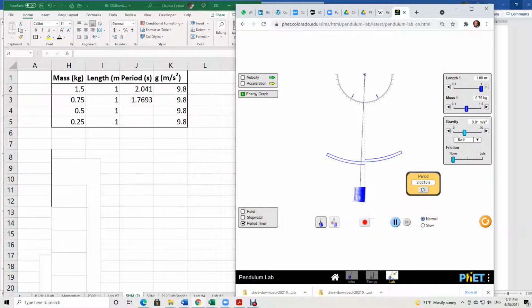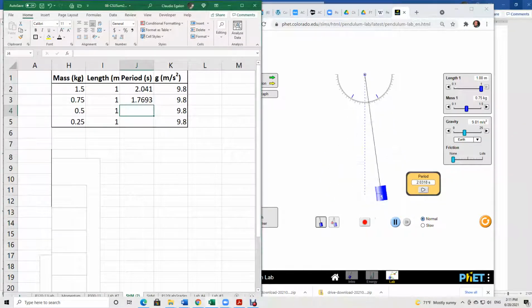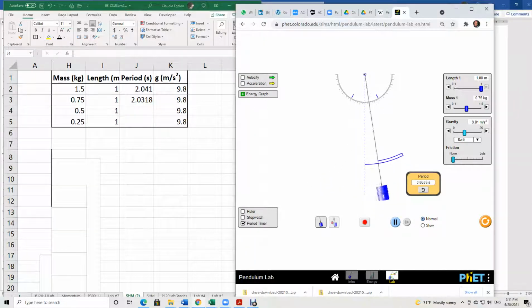It shouldn't give much of a change. 2.0318, 0.75 kilograms. Let's do that again. Let's see if it changes anything. 2.0318. The difference is a hundredth of a second.